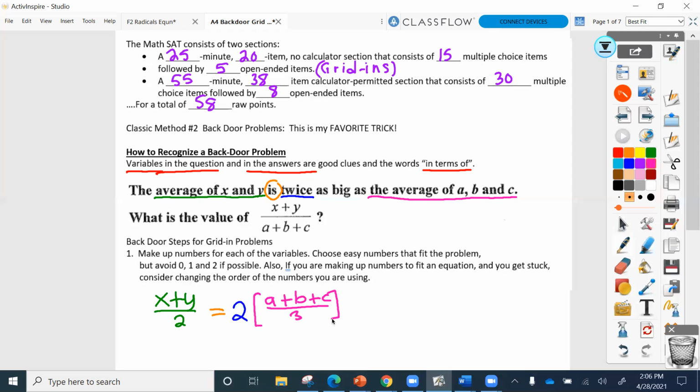Okay, so we have to make up numbers that fit this scenario. So let's start.